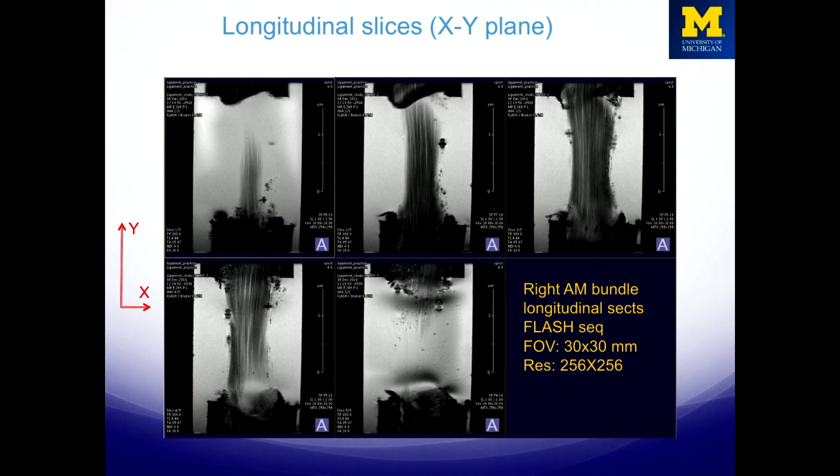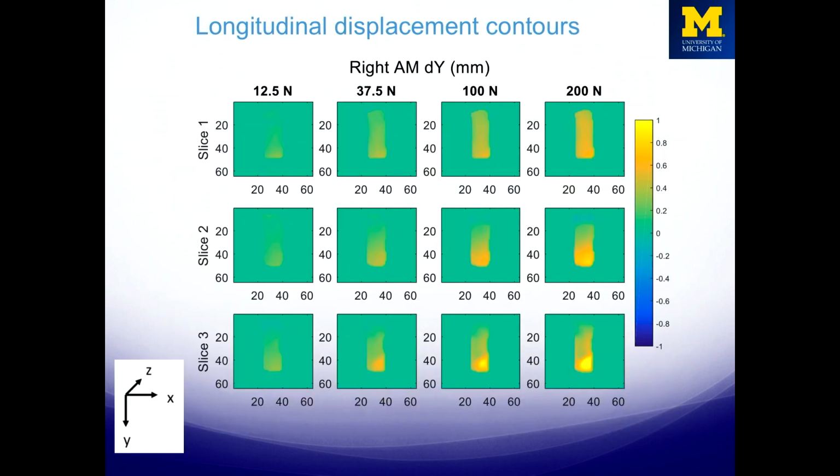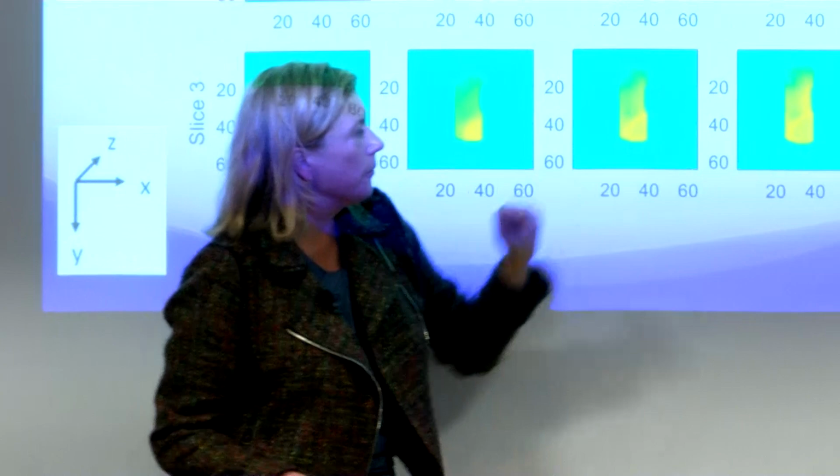So just showing you, we were really only able to get 3 good slices through there. I also want to show you again how the cross-sectional area changes as you move down the ligament. It's not a nice uniform tissue. But what we're able to get from a given slice, slice 1, 2, 3, are the longitudinal displacement contours as a function of the load in the columns here.